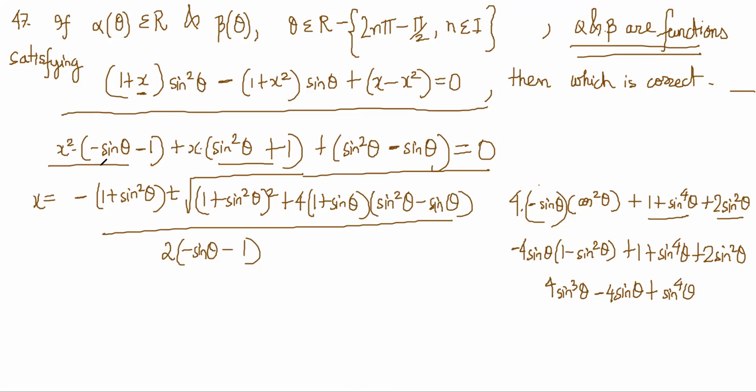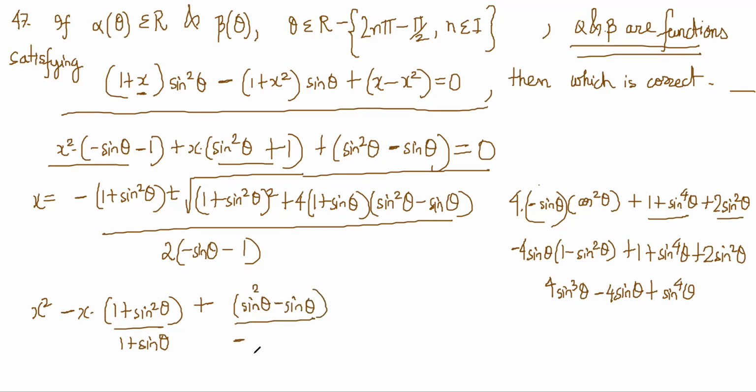We have x square minus x into 1 plus sine square theta by 1 plus sine theta plus sine square theta minus sine theta by minus 1 plus sine theta is equal to 0.